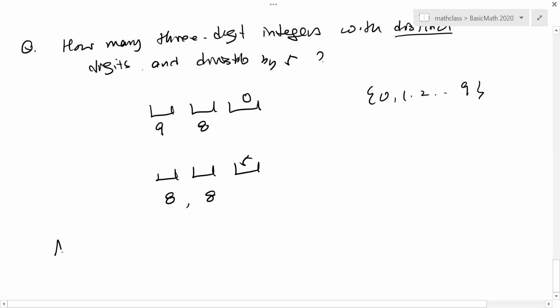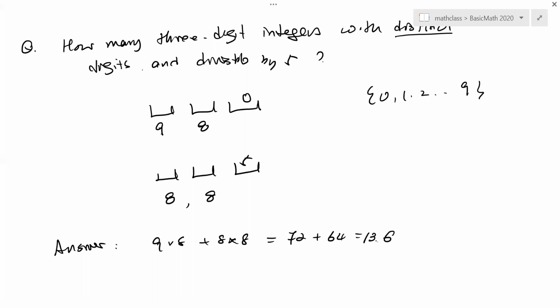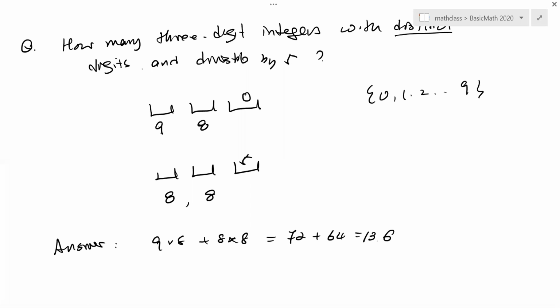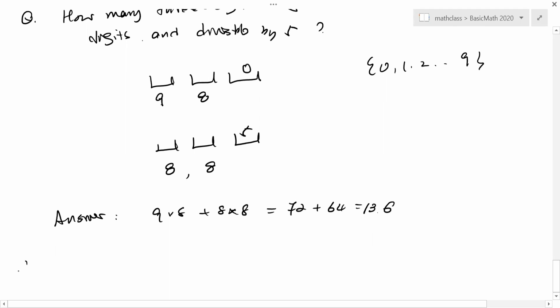So the answer is 9 times 8 plus 8 times 8, so that is 72 plus 64, which is 136. Yeah, this is a little bit difficult. All right, so let's try a different problem.